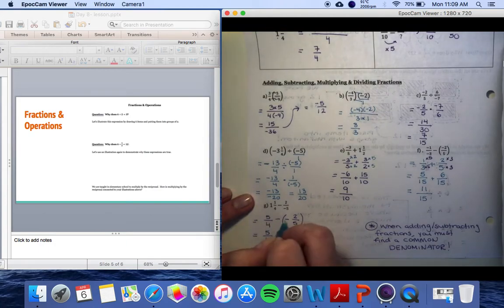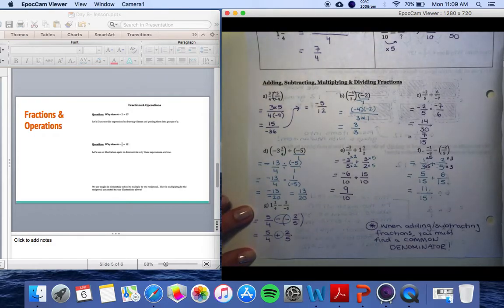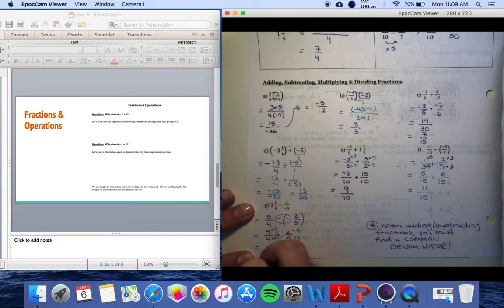And I'll even circle that for you so you can see what I did there. So again, we still need a common denominator. In this case, it would be 20 because that's the greatest common factor for 4 and 5. So multiplying the first fraction by 5 both on the top and bottom, and the second fraction by 4 at the top and bottom, we will now have a denominator of 20 for both fractions.